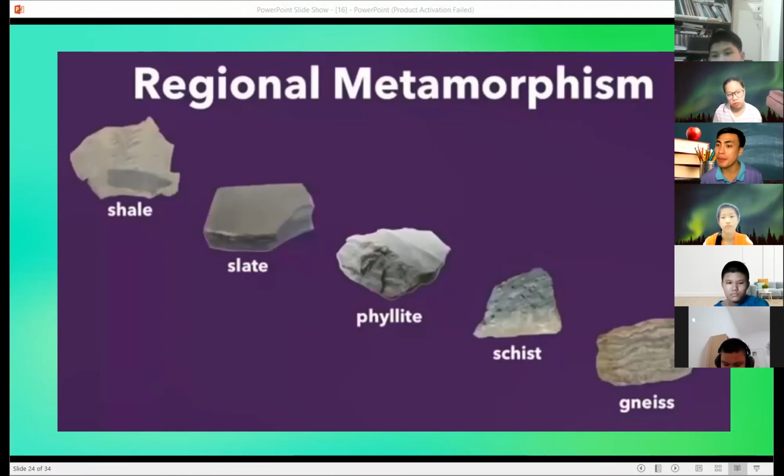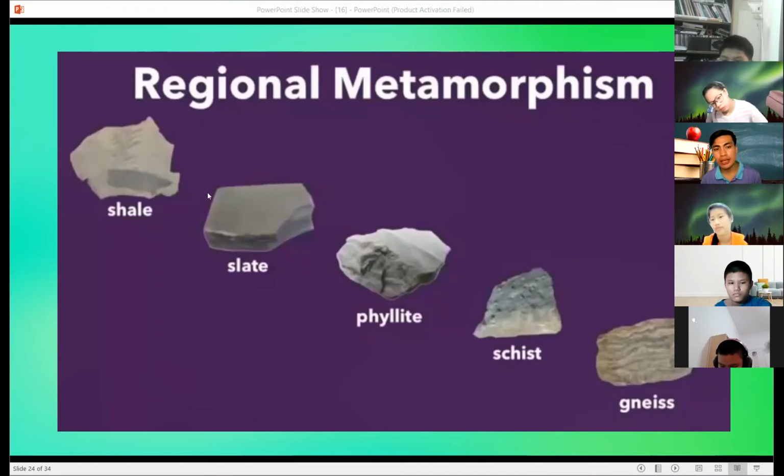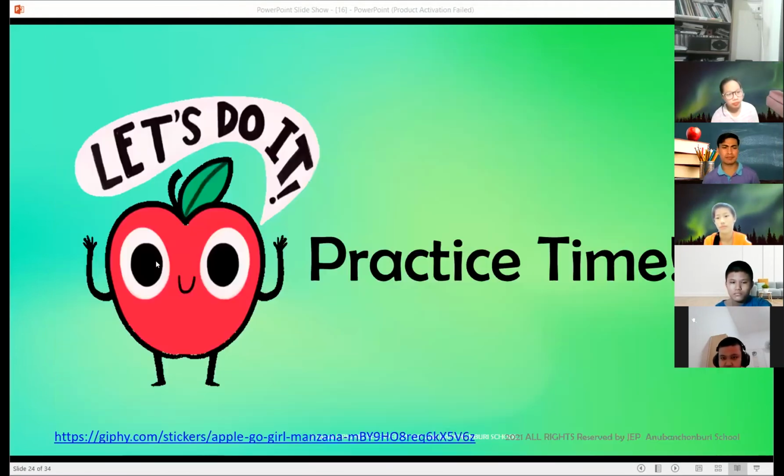And the magma is an igneous rock, okay? So from shale, it can become a slate, a pyrite, a schist, or gneiss. This is what we call regional metamorphism because of the pressure. I think I explained something new for you today.